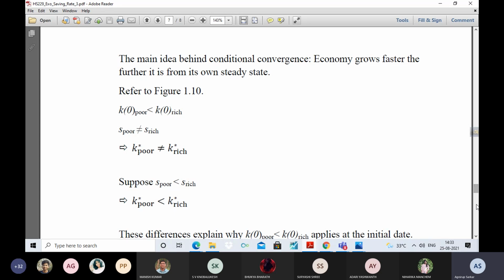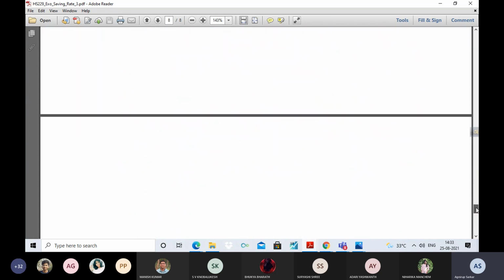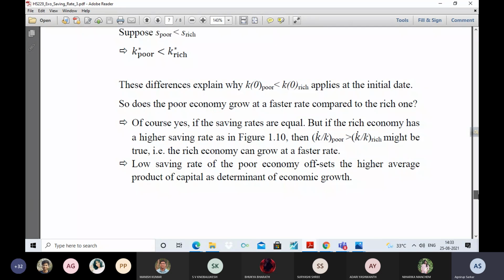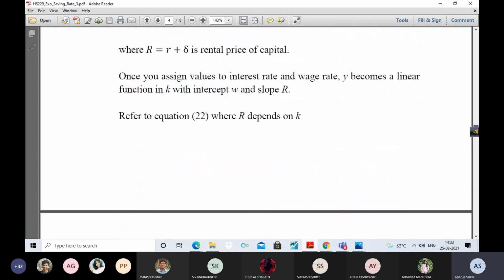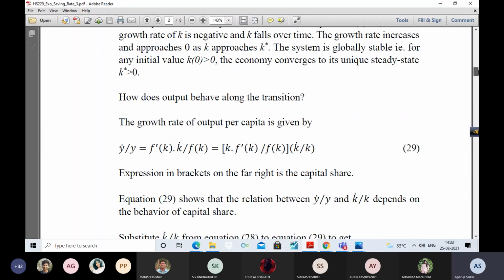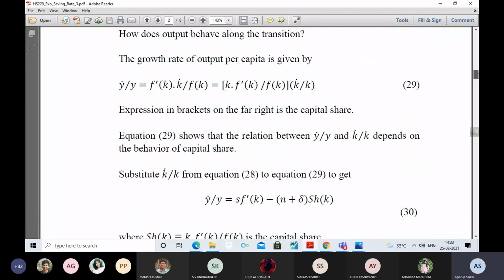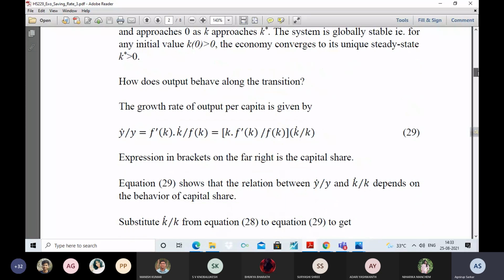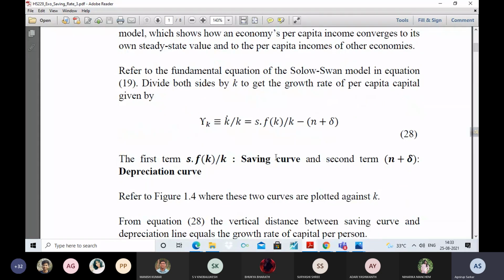Let me refer to that equation. So this is the relevant equation.